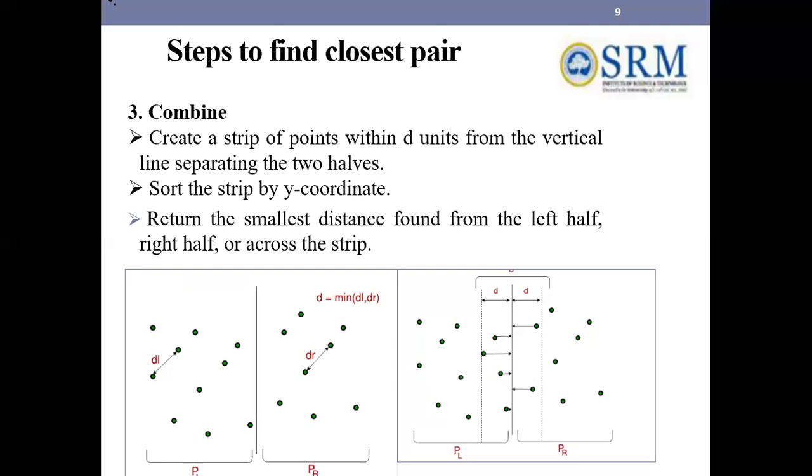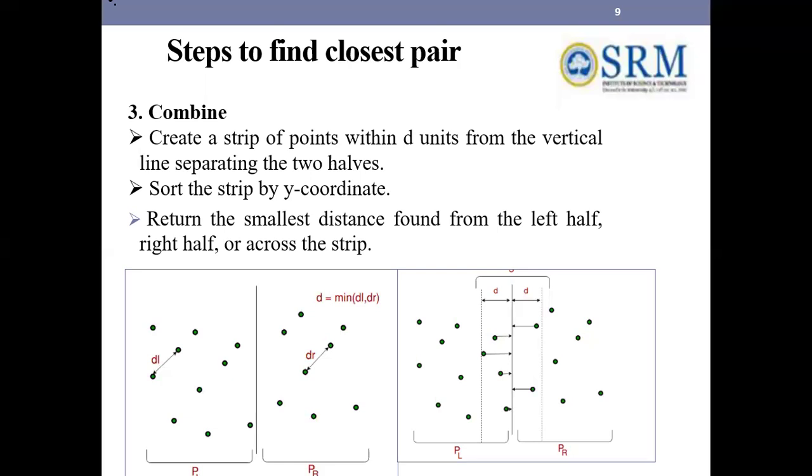See the second diagram: from the vertical line, we take D distance to the left and D distance to the right. So from the vertical line, D distance and D distance, 2D distance, are considered, and we find the closest pair between points in the left side strip and the right side strip.